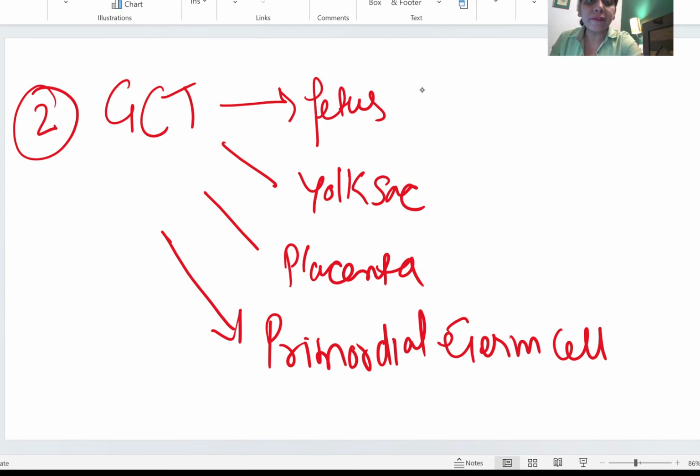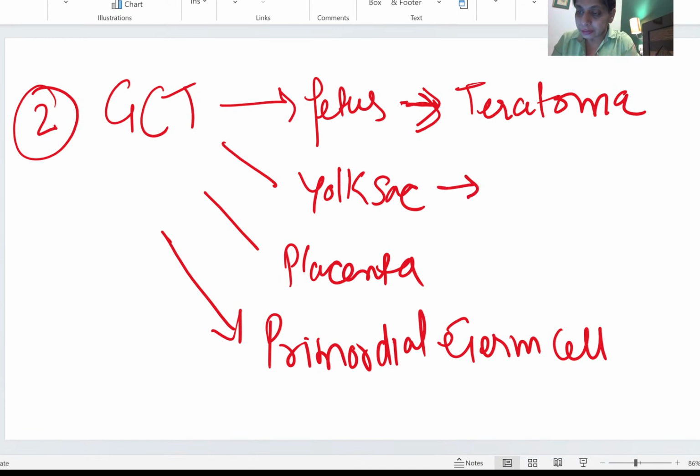Now if the part of the ovum which makes the germ cell gets tumorous, then it forms teratoma. If the part of the germ cell which forms the yolk sac gets tumorous, then it forms yolk sac tumor or endodermal cell tumor.